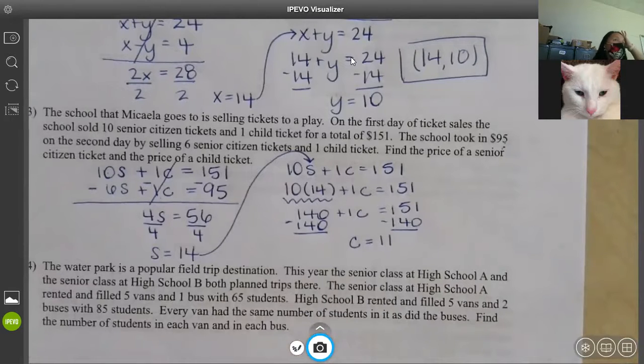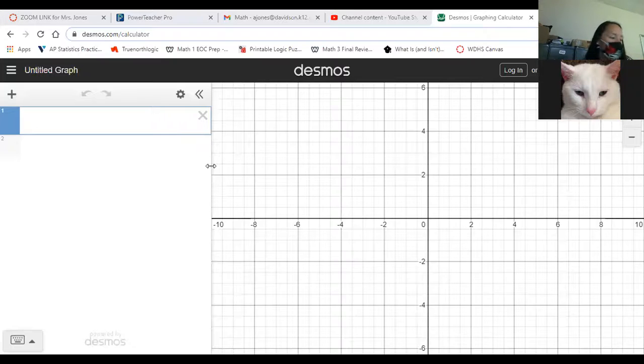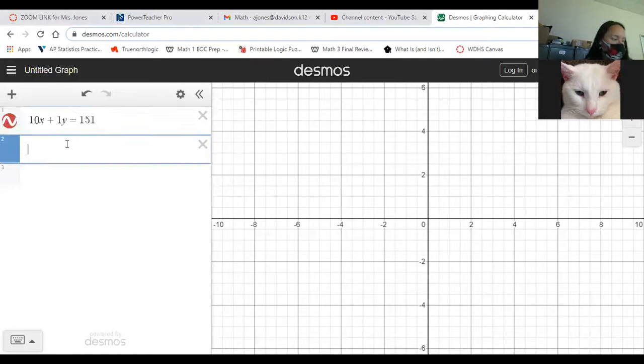Now, what I would suggest is that you write it down as S and C, and I will show you. I'm going to stop sharing for a minute and then share my Desmos. I would put in 10x plus 1y, so your x now is your senior citizens, equals 151.